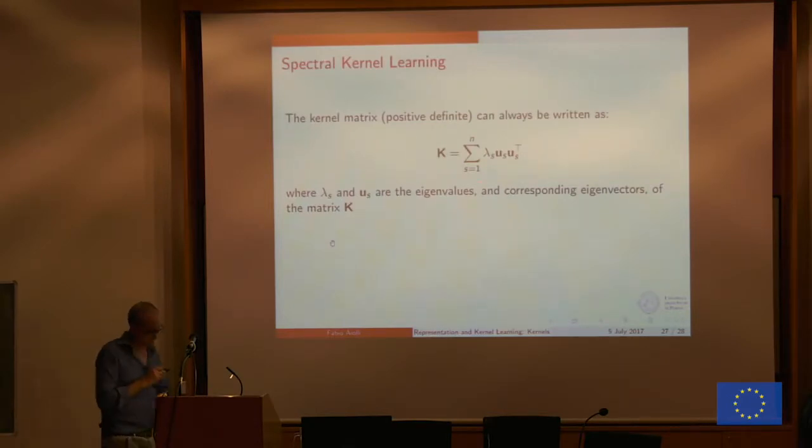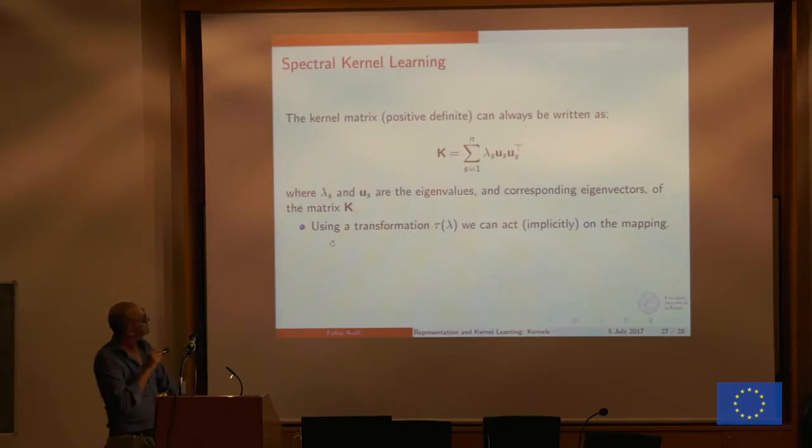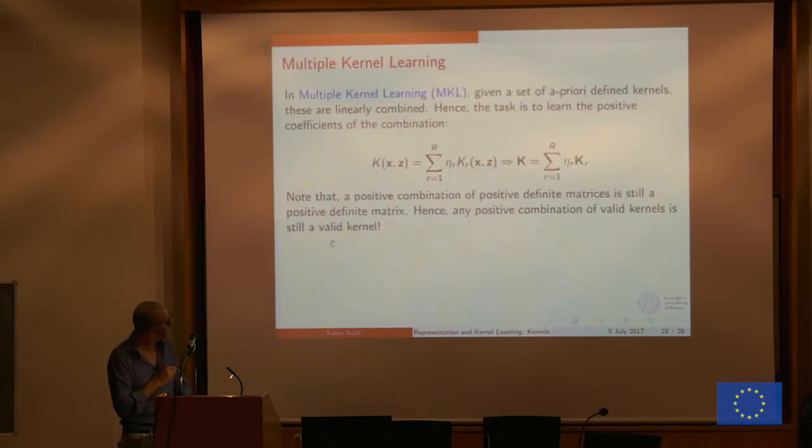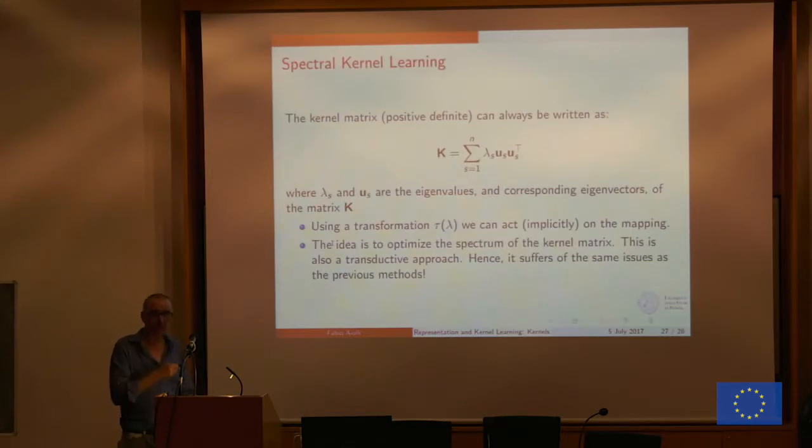The idea here is to use a transformation of these eigenvalues, for example with a function tau of lambda, and in this way you can act implicitly on the representation in feature space. Similarly to the previous approach, in this case too you have the problem that this is a transductive approach, so it's not easily generalizable to new data.